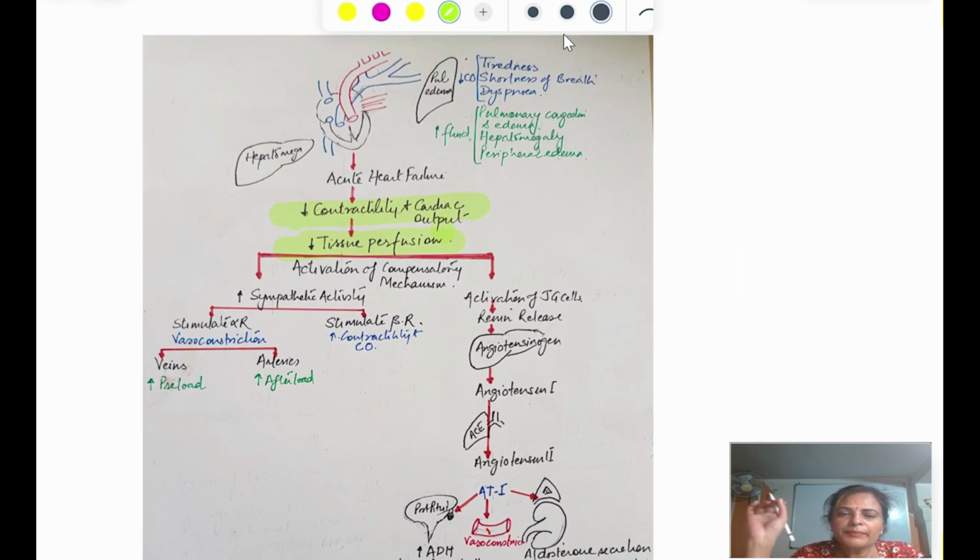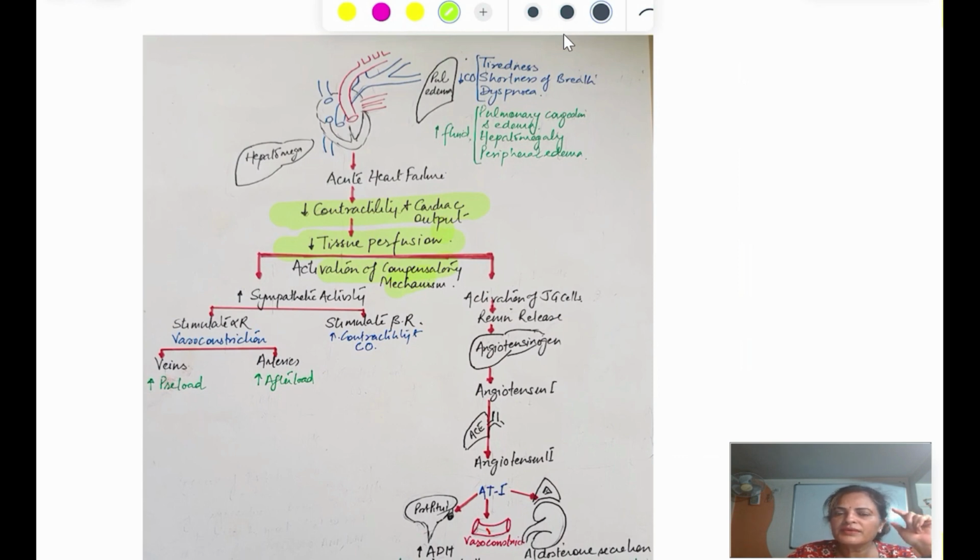Then what will happen? There will be activation of the compensatory mechanism. अब compensatory mechanism कौन सा है? Because it is an emergency, fight and flight, वो वाला system, so the sympathetic system will be activated. With the activation of the sympathetic nervous system, what receptors will be activated? It will be alpha and beta.